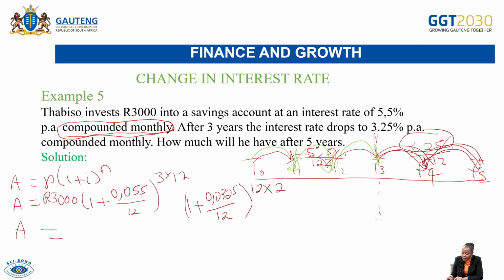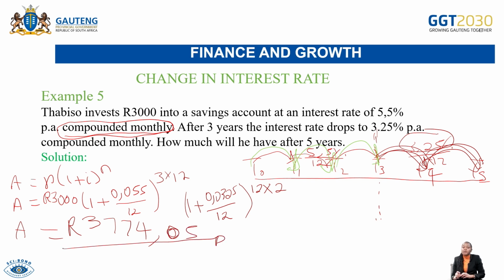You divide by 12. You close the brackets, then the exponent there, you make it to be 12 times 2. Then your answer is going to be 3,774.05 cents.